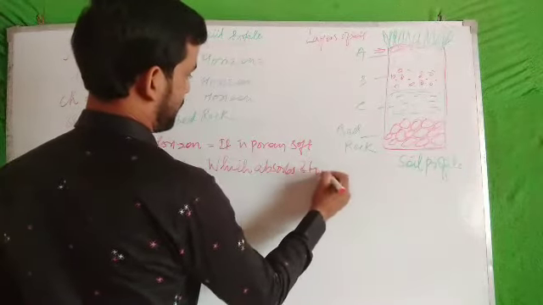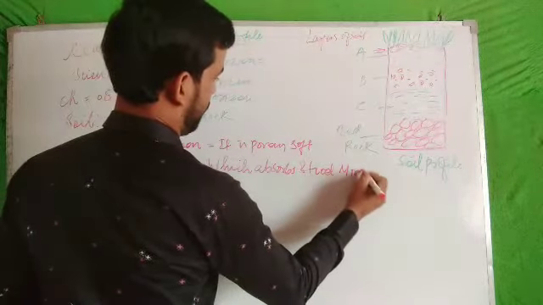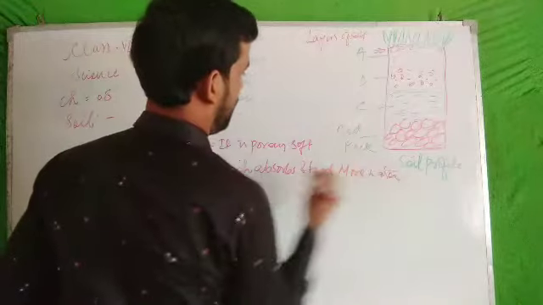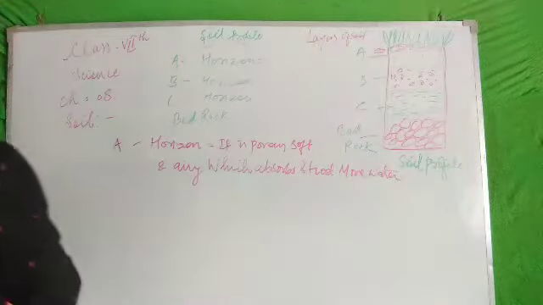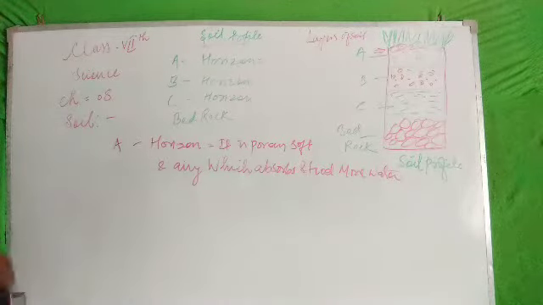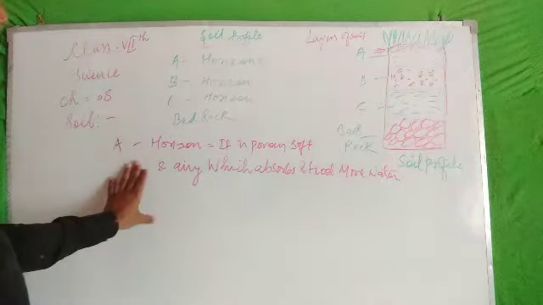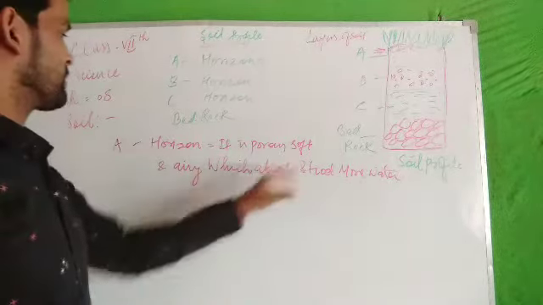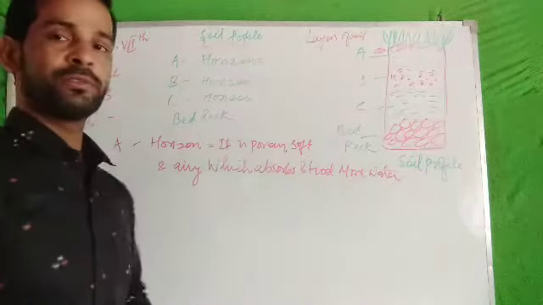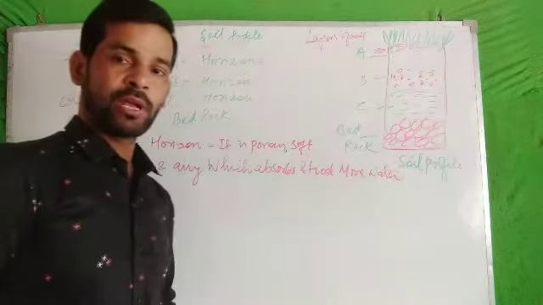This one is called the A horizon. More water can be absorbed because it is porous, soft and airy.